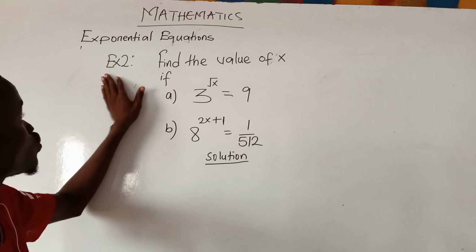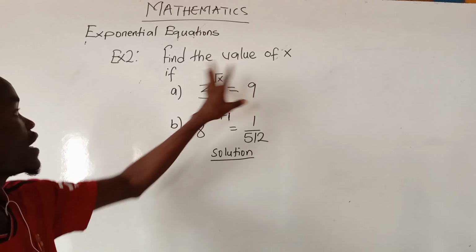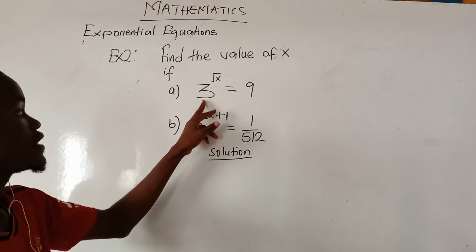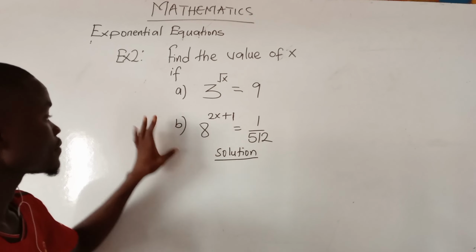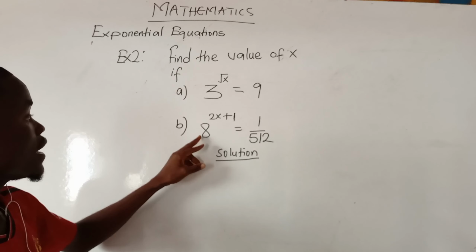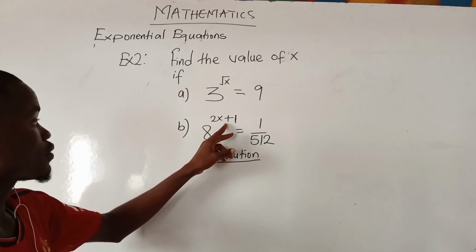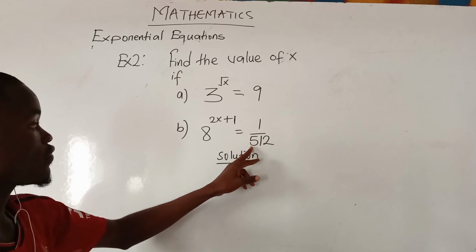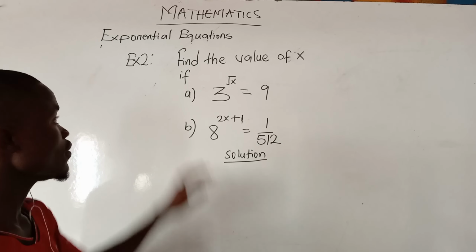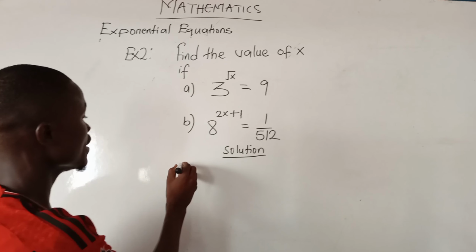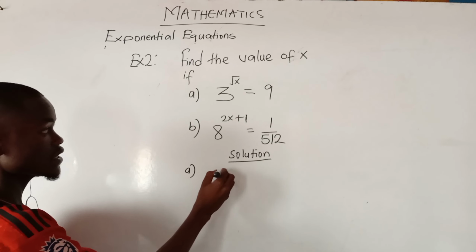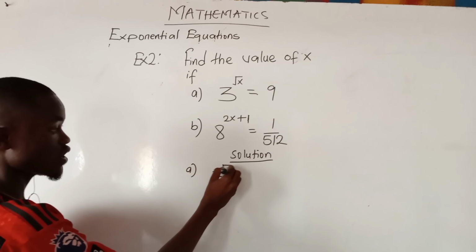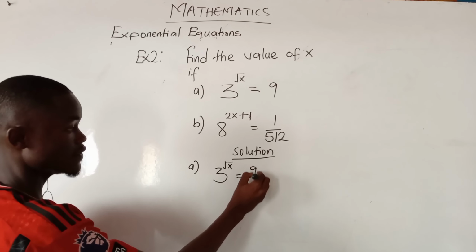Now example 2. Find the value of x if 3 raised to the power the square root of x equals 9, and 8 raised to the power 2x plus 1 equals 1 upon 512. Now let us start with A. Here 3 raised to the power the square root of x equals 9.